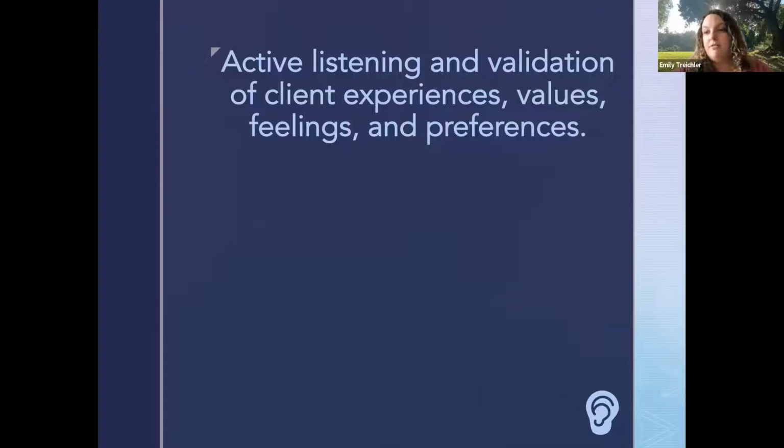values, feelings, and preferences. Now, these are skills that I imagine you, one, already have, and two, already use. So really the question is about generalizing them, applying them to the decision-making process if you aren't already, or thinking about how you might emphasize it a little bit more so it's really clear to your client what you're doing, and that you are listening to them and validating them and hearing what they're saying.